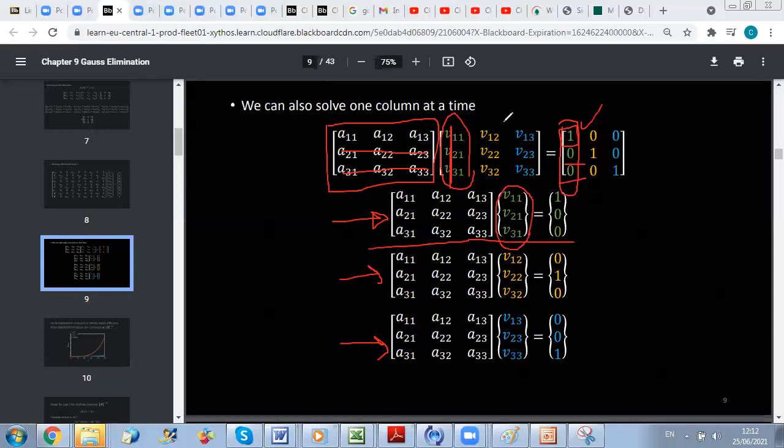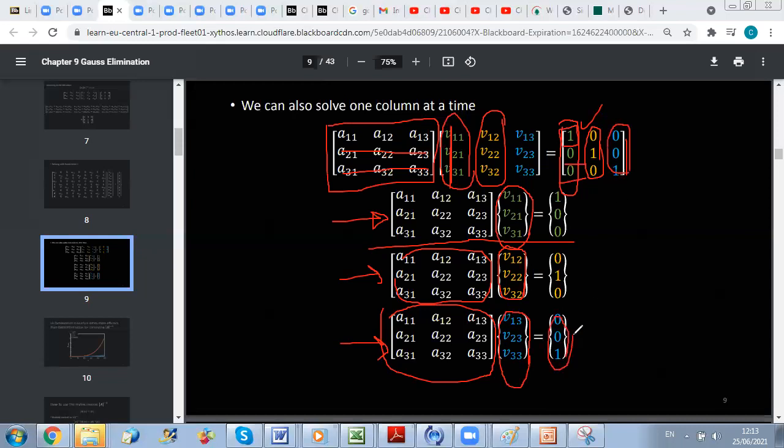Next, to get the second column, I write that matrix A times the second column of A minus 1 will give me the second column of the identity matrix, which is 0, 1, 0. And in the final step, I take the matrix of coefficients A times the third column of A minus 1, which will give me the third column of the identity matrix.